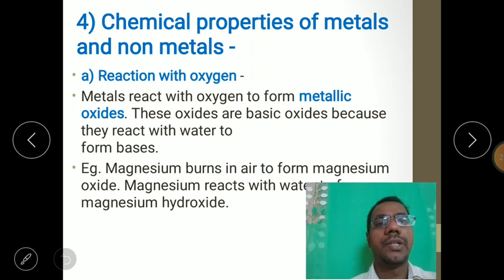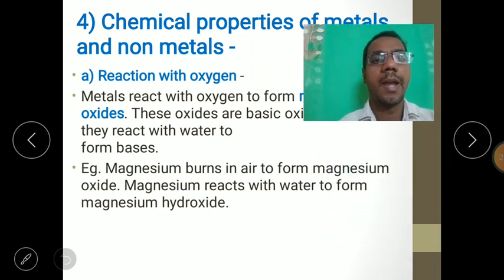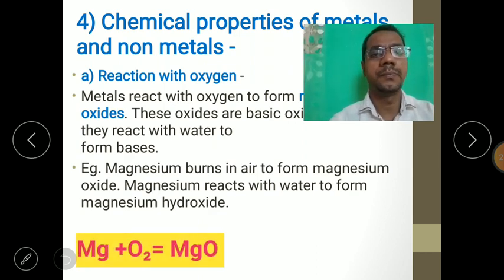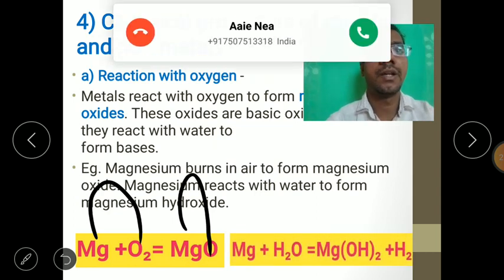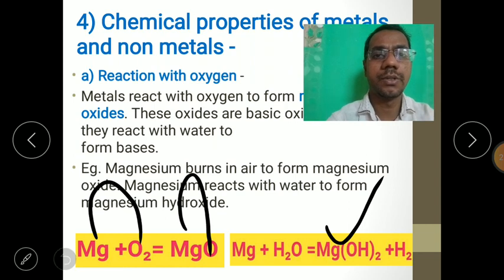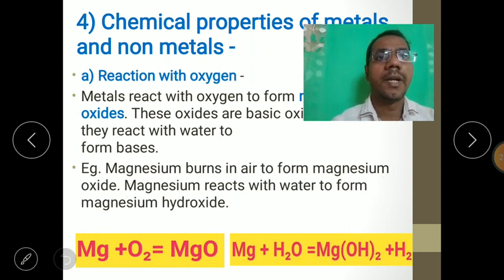When magnesium burns in air it forms magnesium oxide, and this magnesium oxide reacts with the water to form magnesium hydroxide plus hydrogen. Understood? So this is nothing but the chemical properties of metals and non-metals.